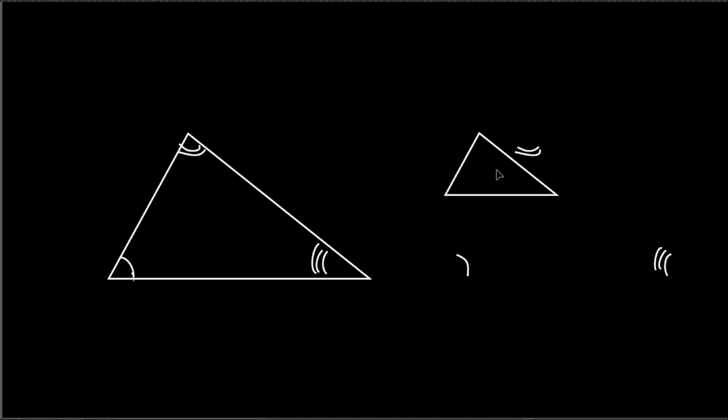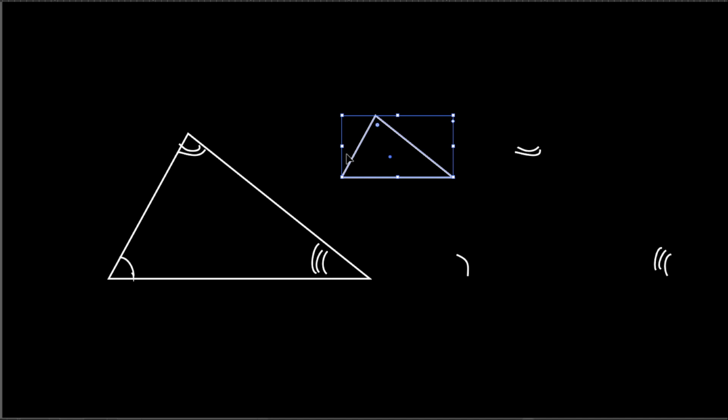Congruent triangles means if I would take this and pick it up and put it right on top, they would be exactly the same. They're obviously not exactly the same. But watch what I do with the angles. If I put it up here, look at that top angle. It's exactly the same. What about this bottom left one? That's exactly the same. And this bottom right one? That's exactly the same. Do you see that? So these two triangles have equal angles, but the sides are not equal.